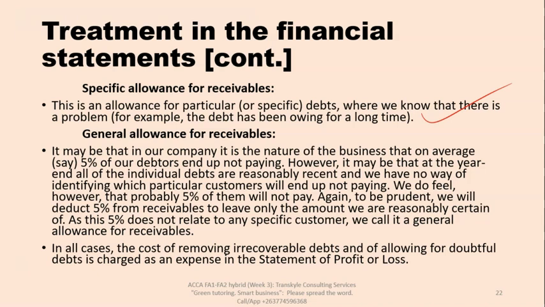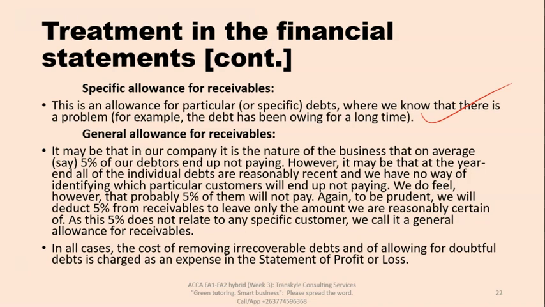Then general allowance for receivables. It may be that in our company, it is the nature of the business that on average 5% of our debtors end up not paying. However, at the year end all of the individual debts may be reasonably recent and we have no way of identifying which particular customers will end up not paying. We do feel, however, that probably 5% of them will not pay.